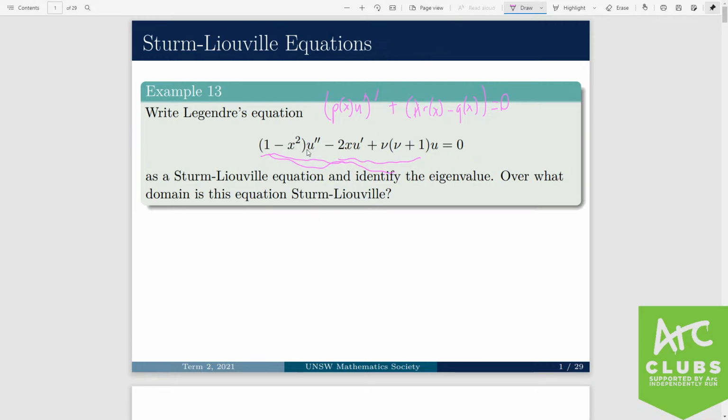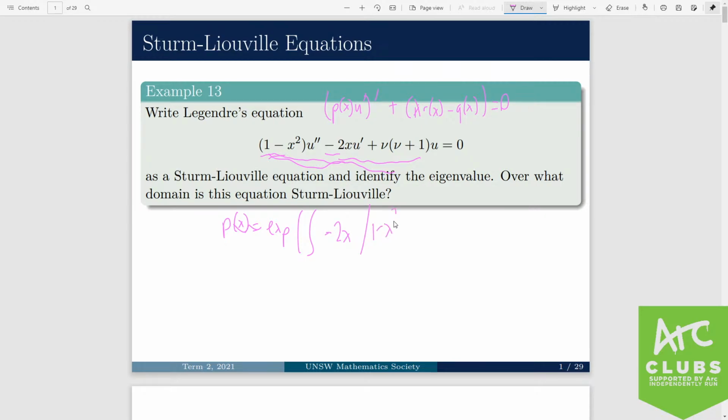Anyway, so I want to reform it into this form, and similar to the self-adjoint, we use the integrating factor. So we let p of x equal to exponential. We find the integrating factor first, which is the integral of a1, which is minus 2x, divided by a2, I think, or was it a0? I think that's a2.